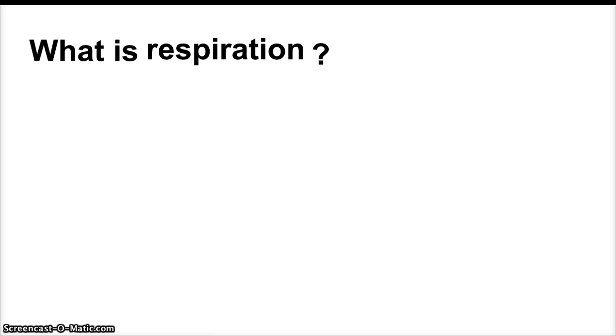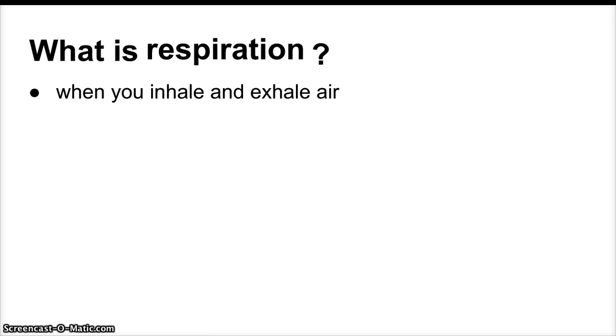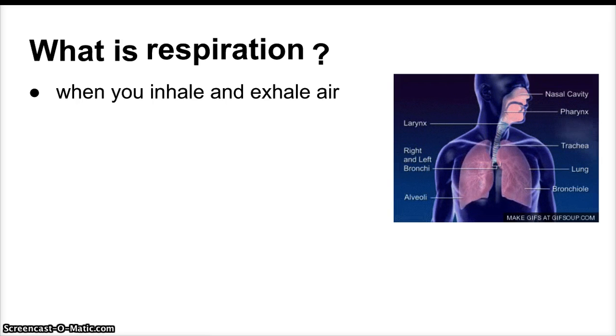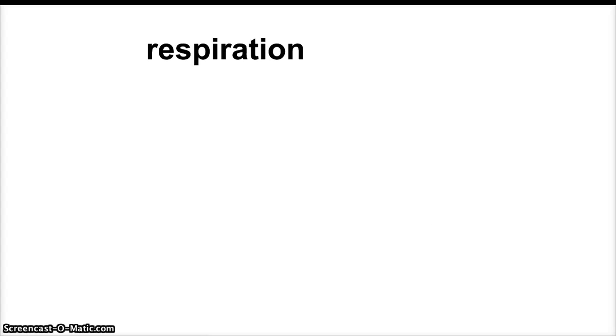But what is respiration? Well, respiration is when you inhale and exhale air. Inhale is when you breathe in air, and exhale is when you breathe out air. But where does this respiration specifically happen?